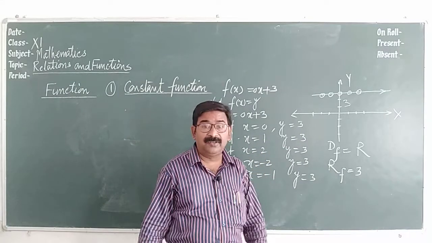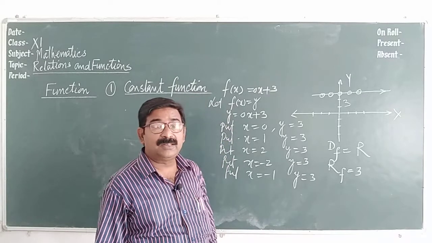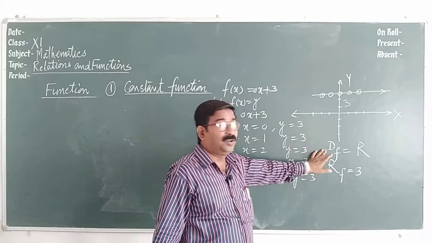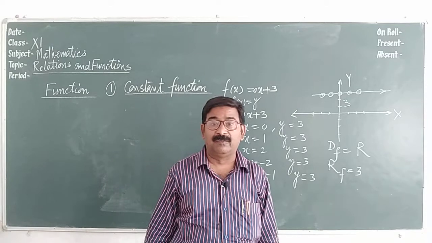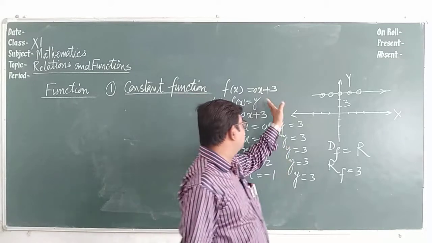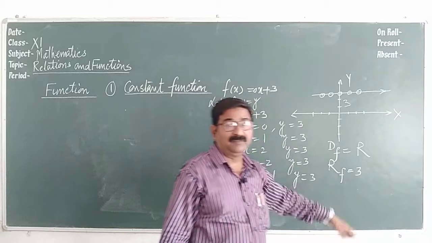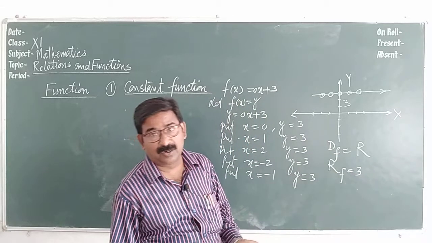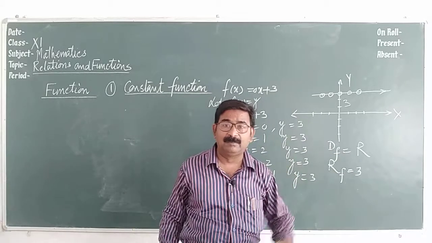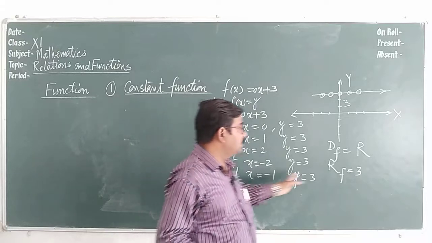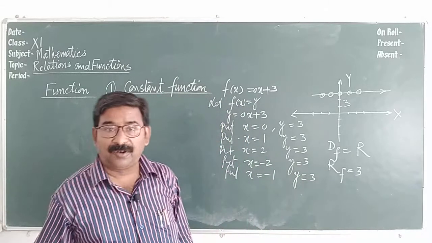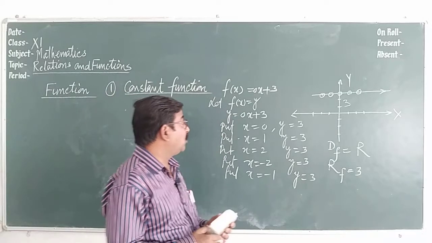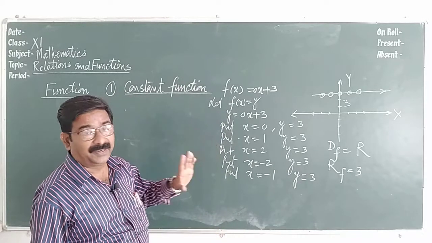Every constant function must have its domain all real and its range equal to the constant value. If it is given -3, then the range is -3. If it is given 1, then the range is 1. If it is given 5, then the range is 5. But the domain is all real. So this is the first type of function for which we have obtained domain and range.